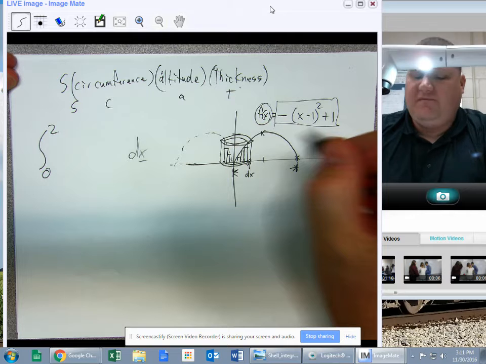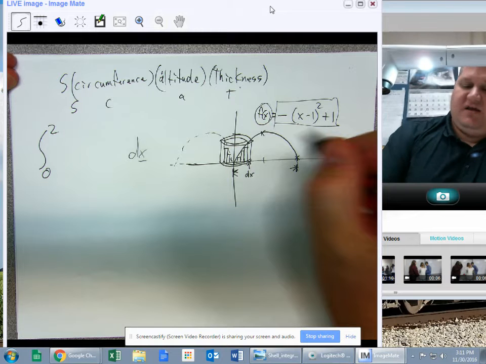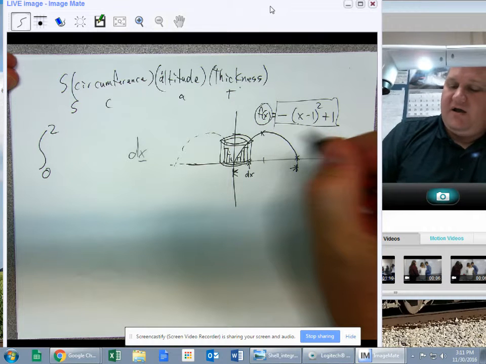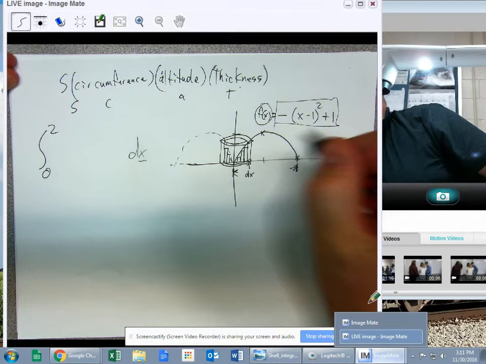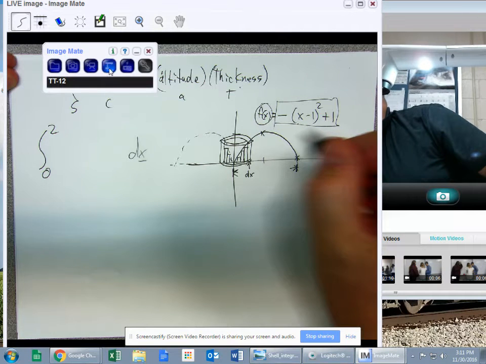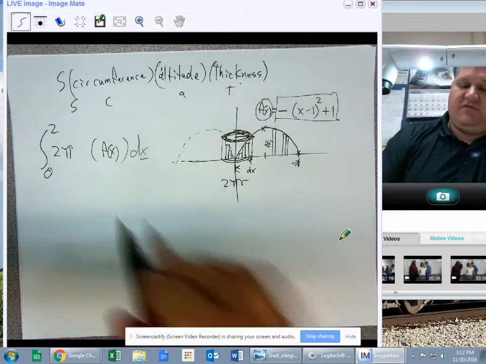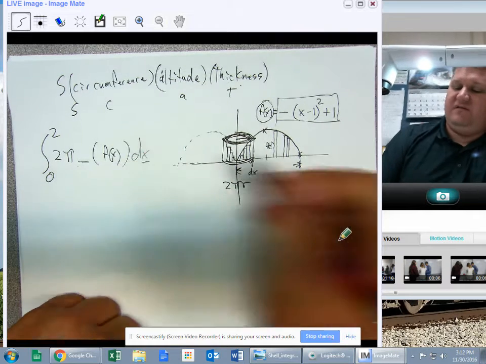Now, for circumference, we're going to need a circle, and that, of course, is going to be 2 pi r. But the circumference of this circle here is going to be determined by what? Well, 2 is a constant, pi is a constant, and so the only other thing that we don't have is the radius itself.